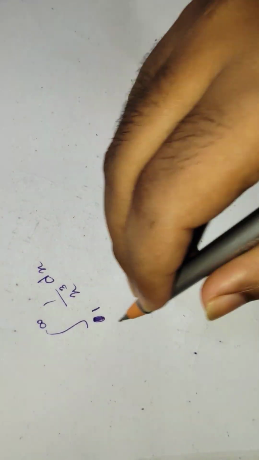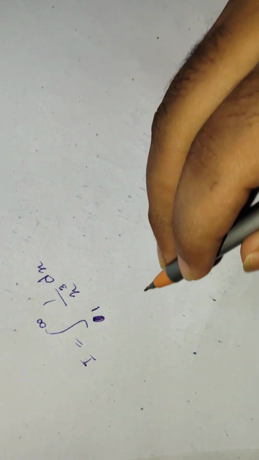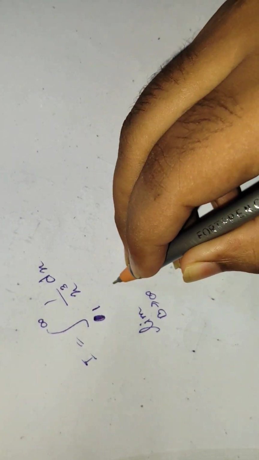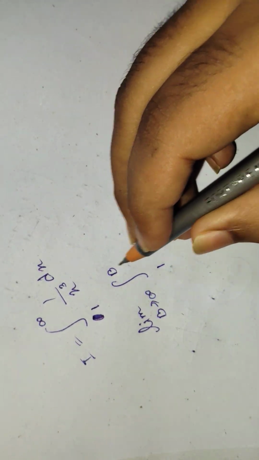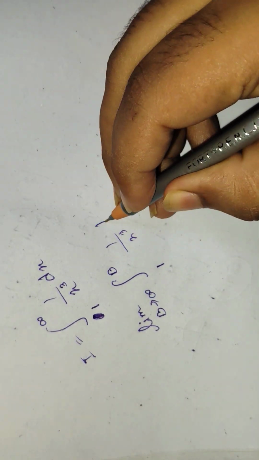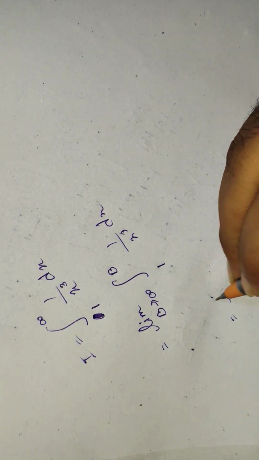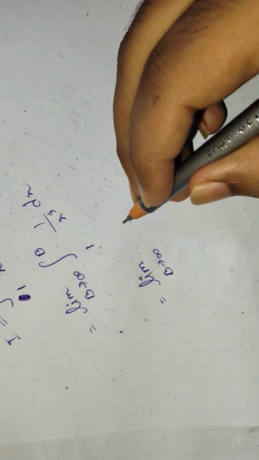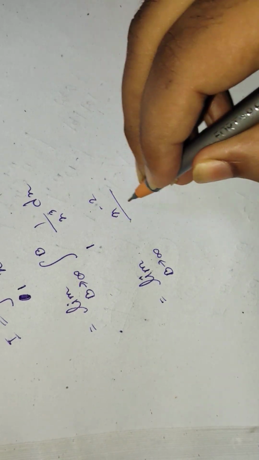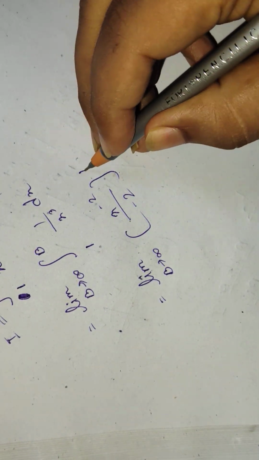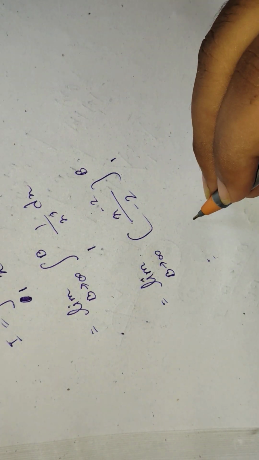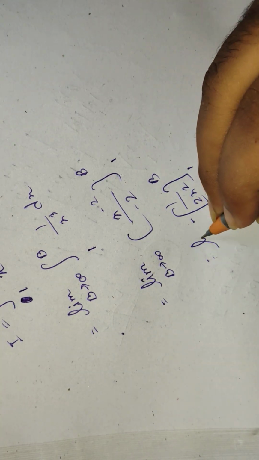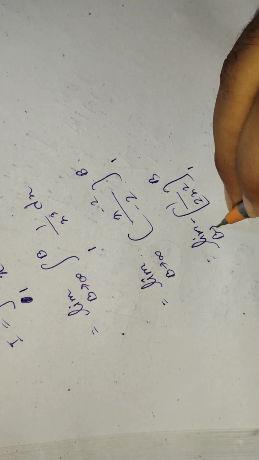So basically, what you can do here, the first step is limit b tends to infinity, 1 to b, this is x cube dx. Now use the simple integration rules. So this is basically x to the power minus 2 by minus 2, 1 to b. Now this is basically minus 1 by 2x square, 1 to b, limit b tending to infinity.